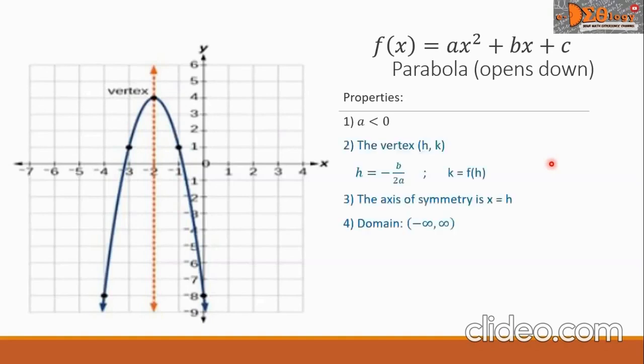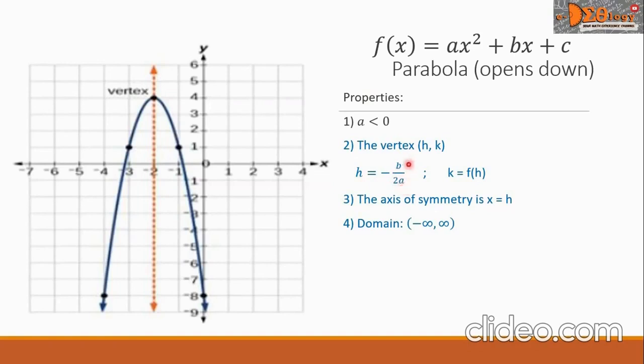Let's go to property numbers 2, 3, 4. These three properties are the same properties of the parabola that opens upward a while ago. The vertex is (h, k), and we can compute the h equals negative b over 2a.